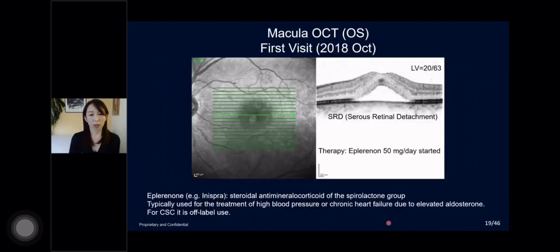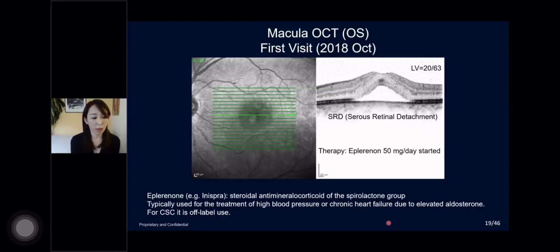This is the first visit OCT image. This looks like very typical CSC, and it was diagnosed as CSC. He started to take eplerenone. This is an oral medicine. Eplerenone, as maybe you already heard, is a steroidal anti-mineralocorticoid.